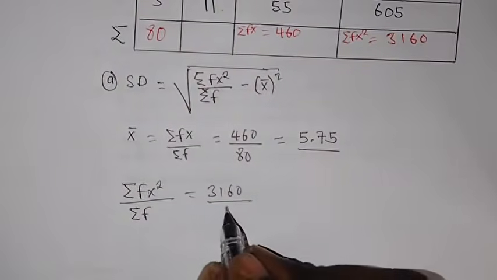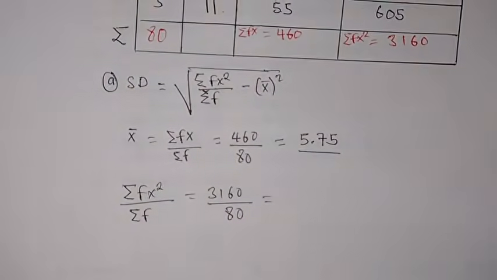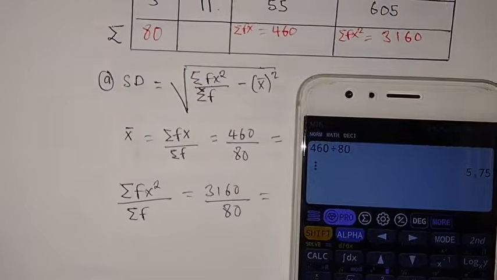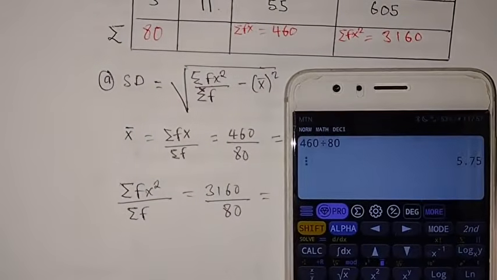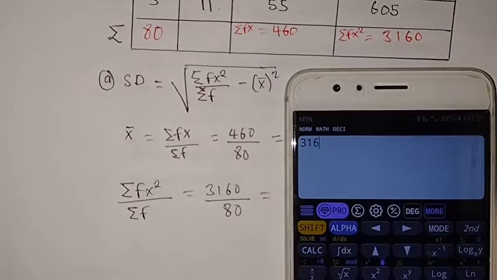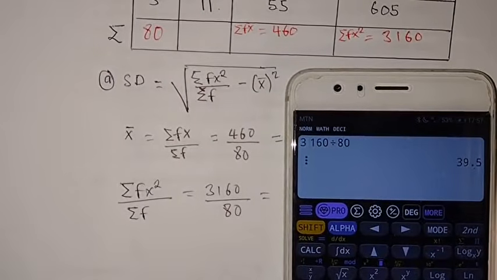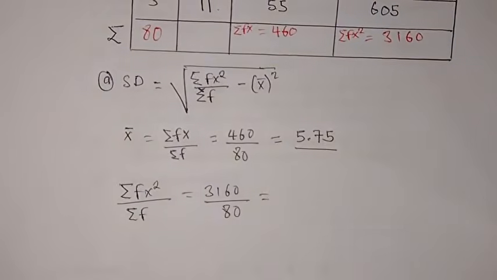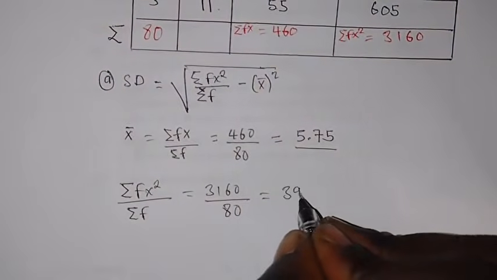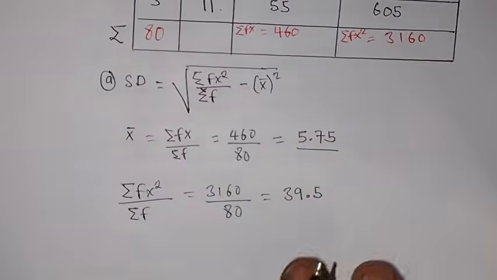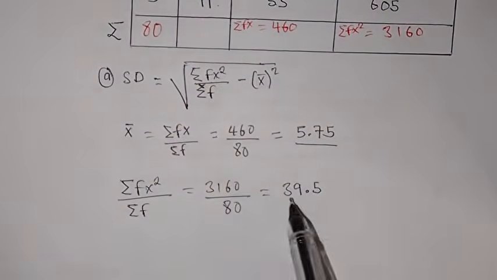This is the 80, as you can see. Let us just now punch on our calculator. So we are punching 3160 divided by 80. So this is 39.5. So here we write 39.5. Okay, so we have found this, which is this.